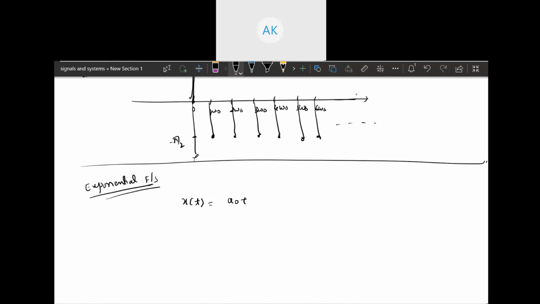So x of t is equal to sigma n equal to 1 to infinity an cos n omega naught t plus bn sin n omega naught t. From this one we can derive the exponential Fourier series.